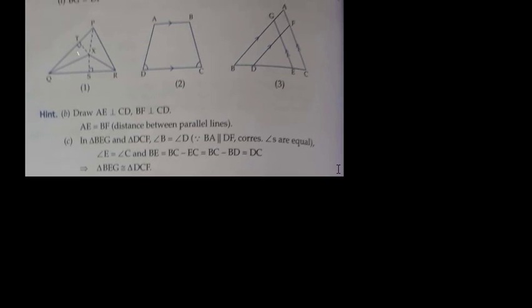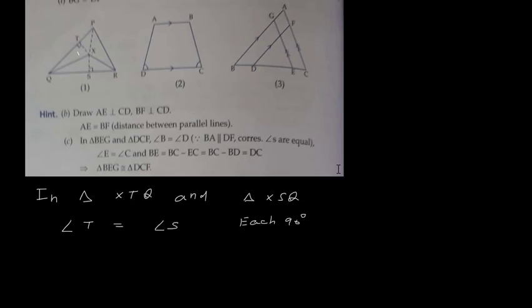So let us first discuss triangle XTQ and XSQ. So in triangle XTQ and triangle XSQ, in these two triangles we have angle T is equal to angle S. Reason is each is 90 degrees.